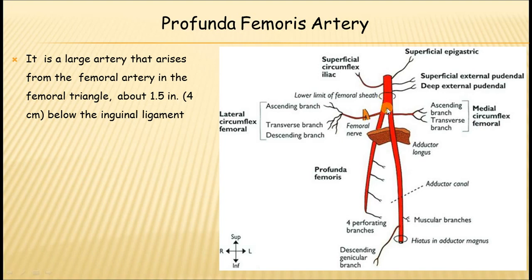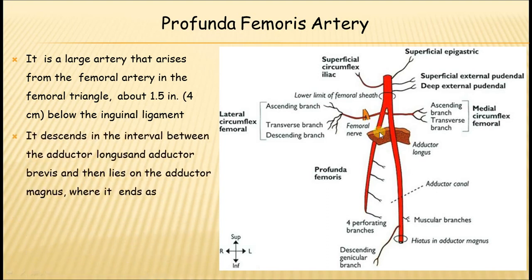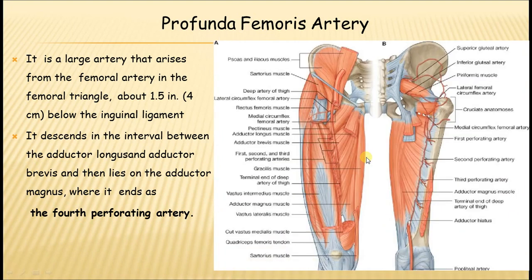So it originates from the posterior lateral part of the femoral artery, and it descends in the interval between the adductor longus and brevis, and then between the brevis and the magnus, and finally it ends as the fourth perforating artery in the vastus lateralis. It ends actually as the fourth perforating artery, profunda femoris artery.